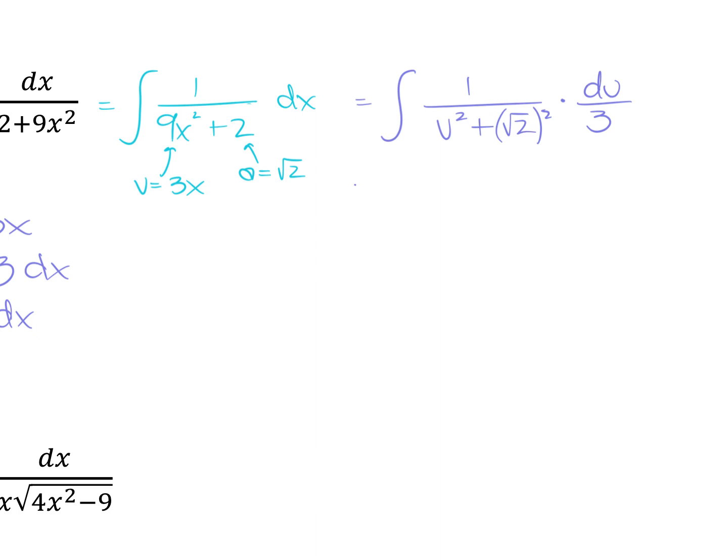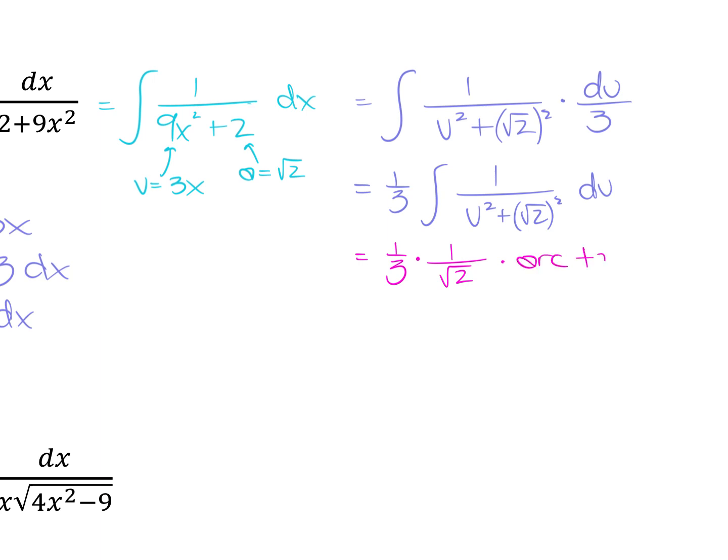So I'm really going to be integrating 1/3 times the integral of 1 over u squared plus root 2 squared du. Now this looks like my arctangent formula, and now I can integrate. So I'm going to just leave that 1/3 out front. This integrates to, what's the arctangent formula? 1 over a, so I'm going to do 1 over what? 1 over root 2 times the arctangent of what over what?